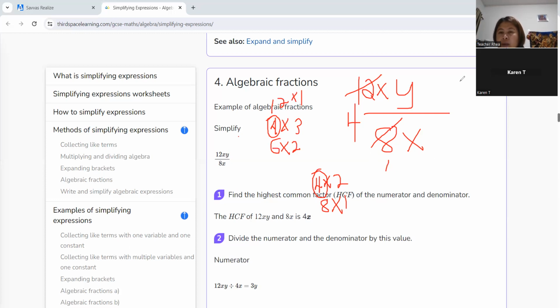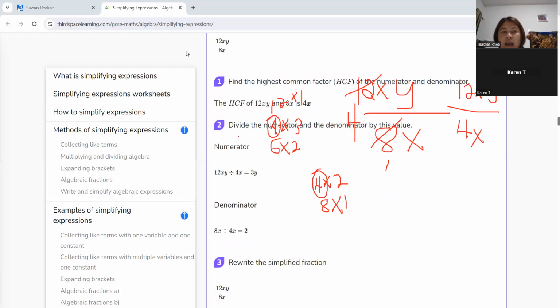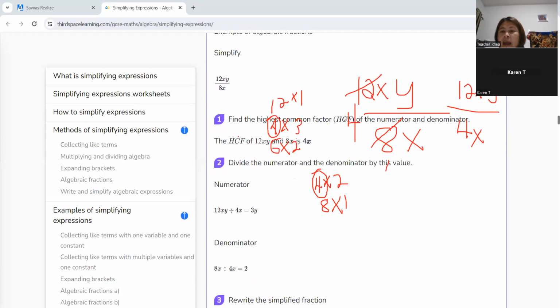So you need to divide 12xy by 4x. And also you need to divide 8x by 4x.